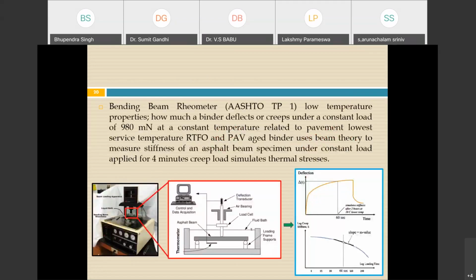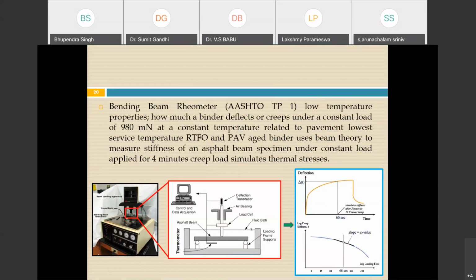When we talk about low temperature performance grade, the bending beam rheometer is used. In the bending beam rheometer, a small beam of the binder sample is taken and a creep load is applied over it. A constant load of 980 millinewton is applied for 4 minutes, and we check what creep is introduced.